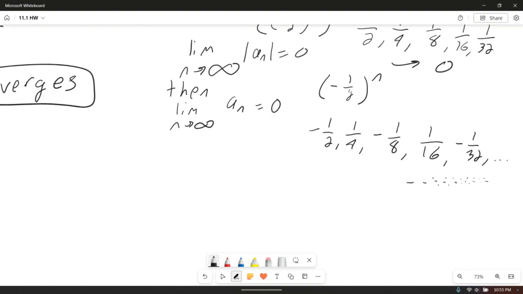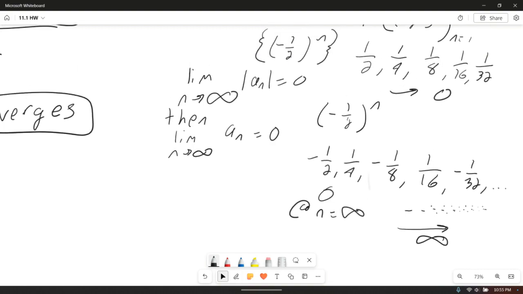If you go all the way to infinity, this number would reach 0 at n equals infinity, which doesn't happen, but that's why we have limits, right?